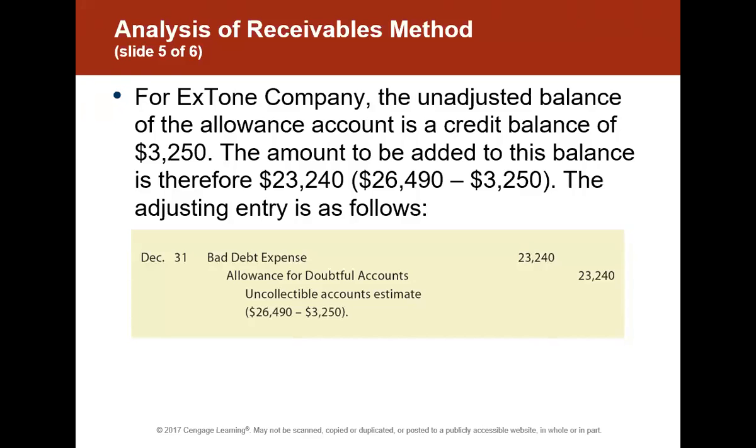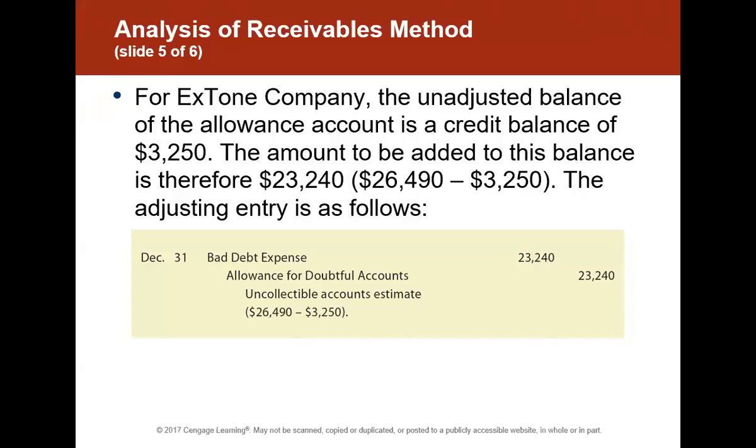So if it starts with a credit, we'll take our estimate minus that credit balance to get the adjustment amount of $23,240. And as you can see, that's what we would debit to bad debt expense and credit to allowance for doubtful accounts.